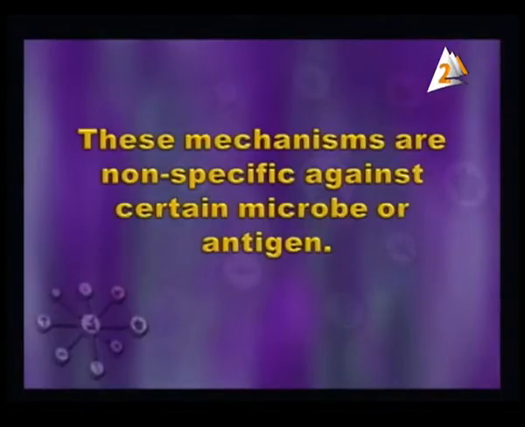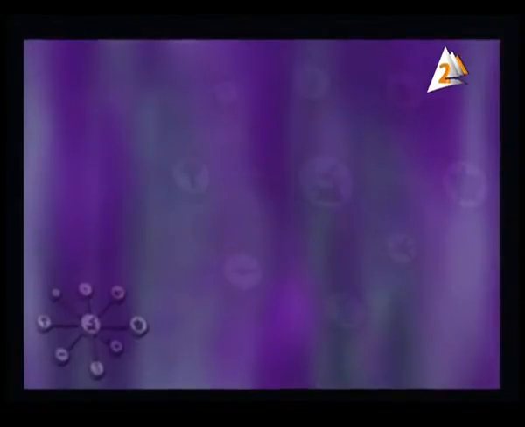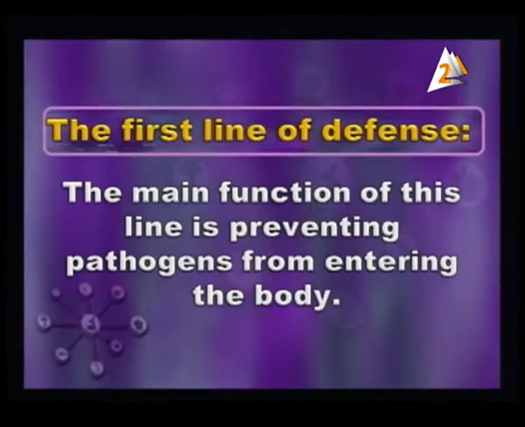These mechanisms are non-specific against a certain microbe or antigen. They are classified into three lines of defense. The first line's main function is preventing pathogens from entering the body.